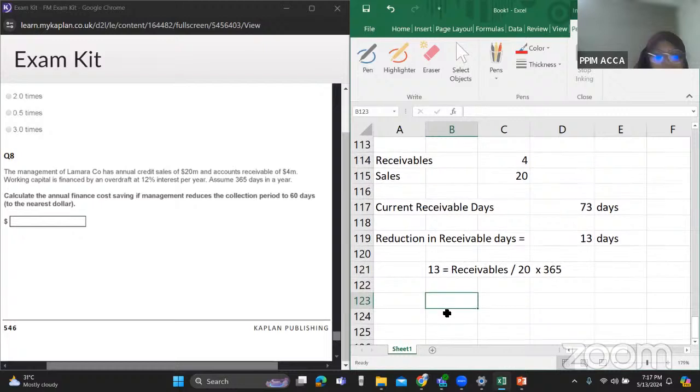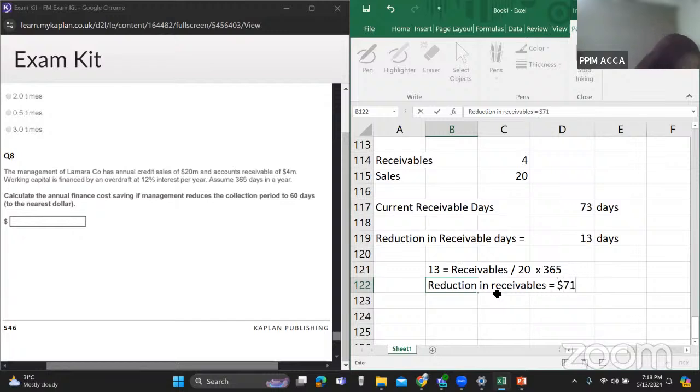So when you rearrange that equation, you will find out that the reduction in receivables, I'm sure you know how to do it, is basically 13 divided by 365 into 20. Okay, I'm rearranging the equation to find the receivables. So reduction in receivables will be 712,329. Okay, that's the reduction in receivables.